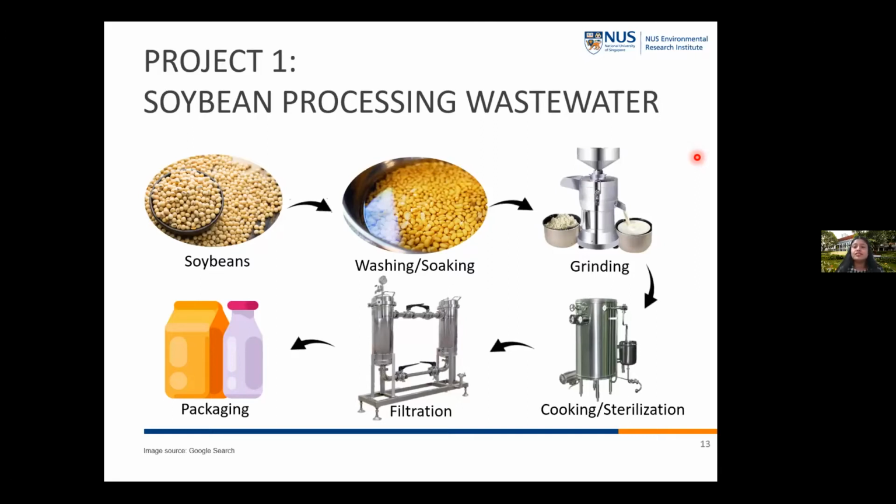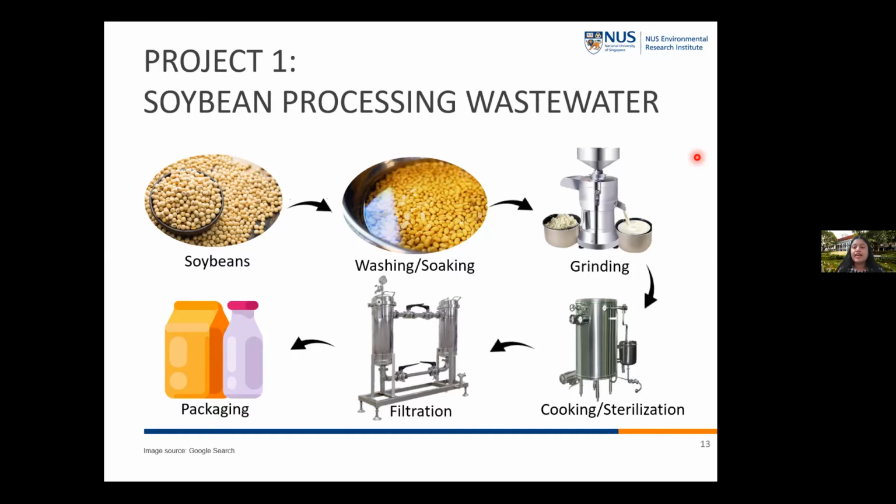That's a source of wastewater. Then they are ground so that the soy milk can be extracted, and after grinding, the equipment is washed. That's where the second source of wastewater comes from. Then it goes to a cooking or sterilization stage, and after this, again, the equipment is washed, and that's where more wastewater comes from.